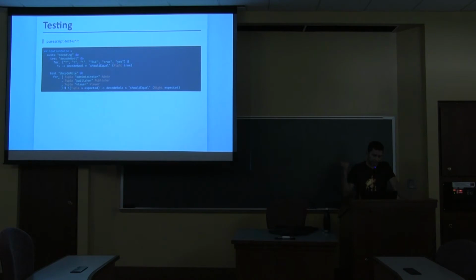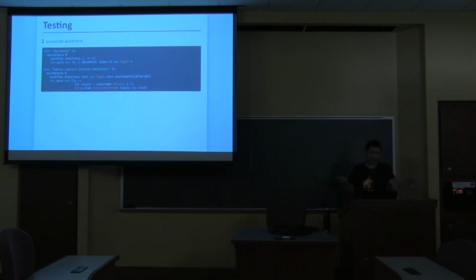The test library I ended up using was PureScript test unit, which is really simple. Coupled with basic unit testing, you get QuickCheck as well. QuickCheck is nice to create invariants and test your functions to assert that those invariants hold. In this case, the tests aren't that great, but the point is to get the idea across.